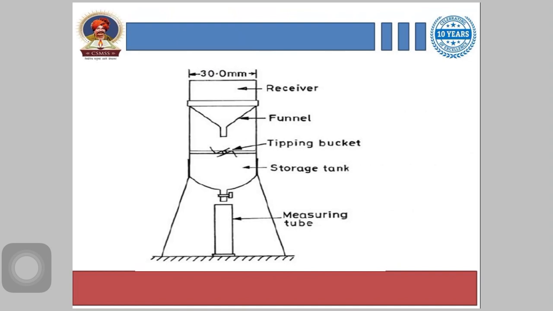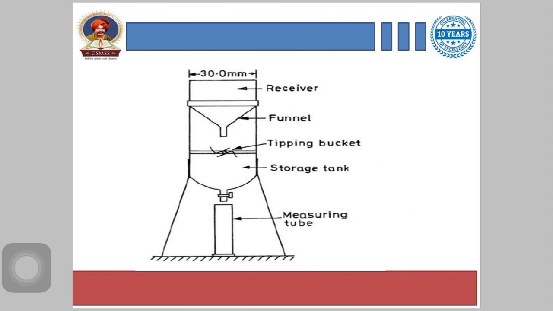The movement of the tipping bucket can also be transmitted electronically to the control room over a distance, and thus the rainfall is directly recorded in the control room without any manpower.